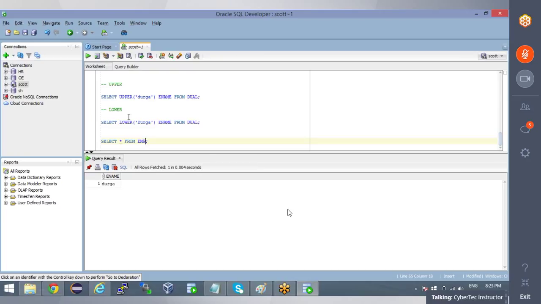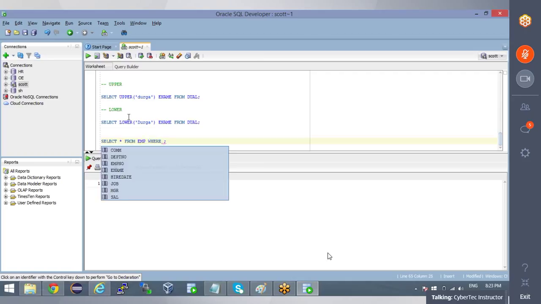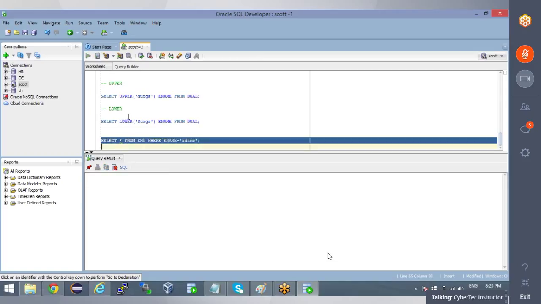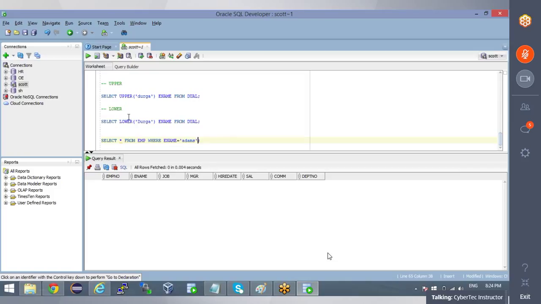So what happens if I say where ename is equal to Adams? If I execute this part of the query, I'll not get any results. Looking at this, one could feel that there are no people called Adams. But if I use this particular function, now I'll get the result.